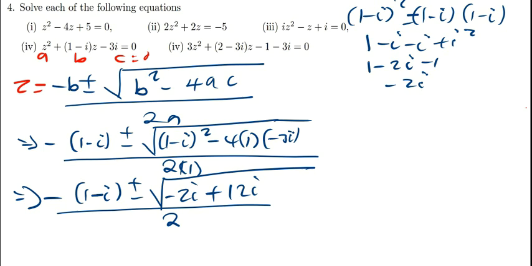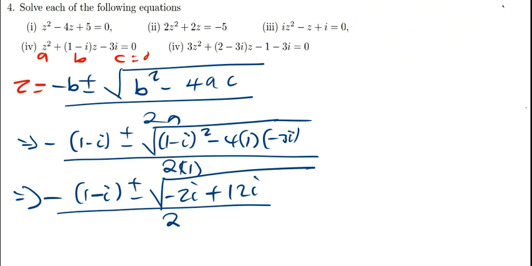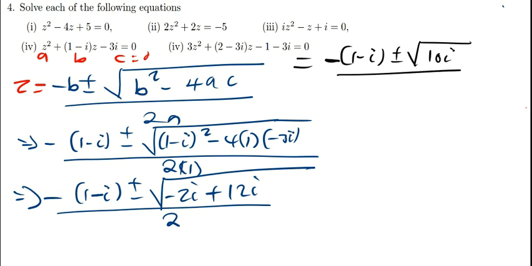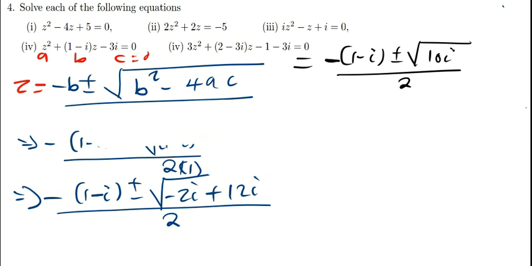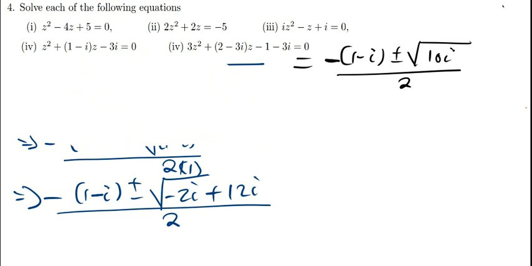So I can get rid of this to create space, and I'll continue from here. Negative 1 minus i plus or minus the square root of negative 2i plus 12, which is 10i, divided by 2. When you reach this point, we don't know what the square root of 10i is.